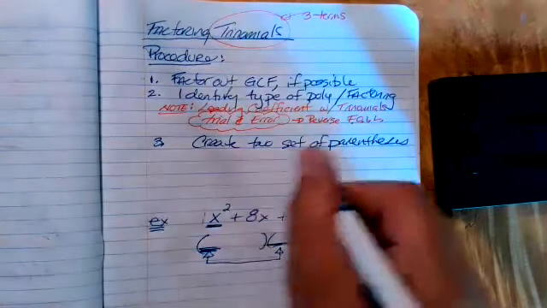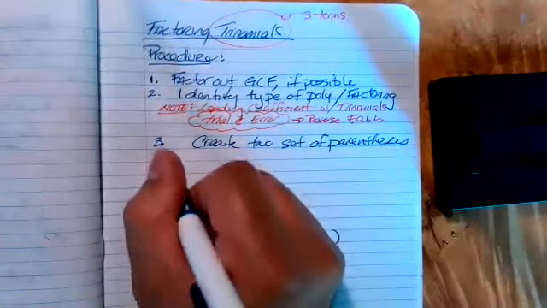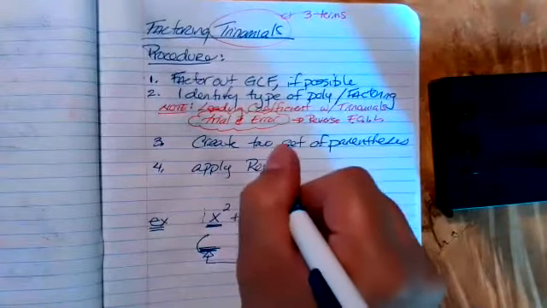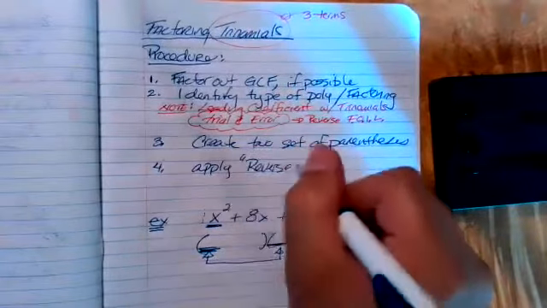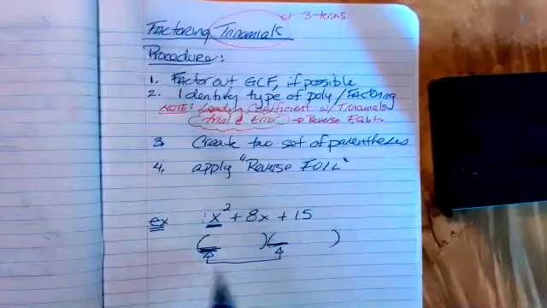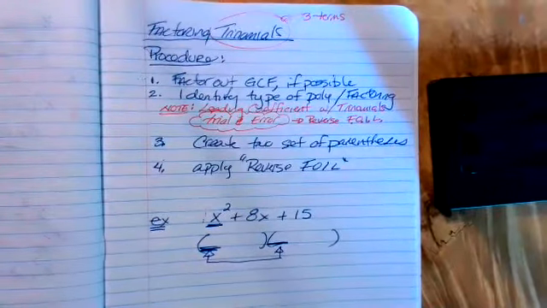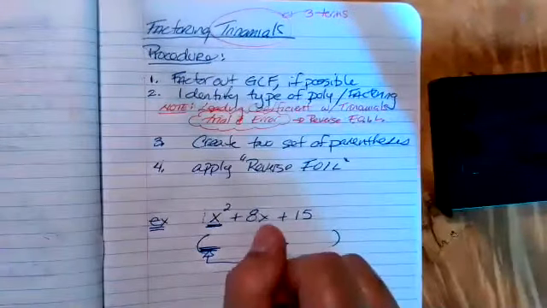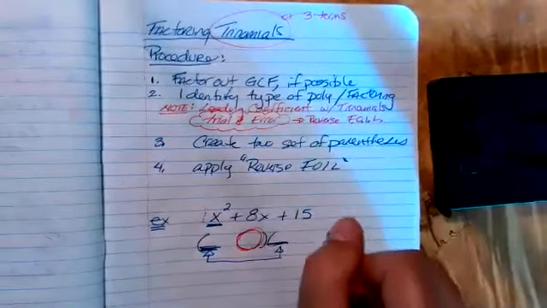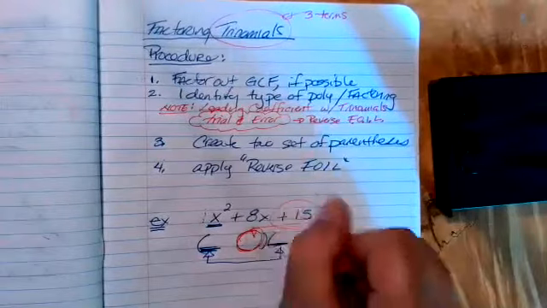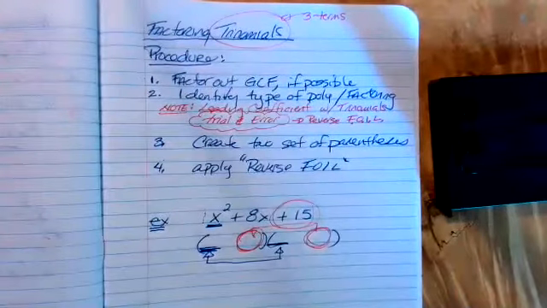So we create two sets of parentheses and apply a reverse FOIL. My first term has to give me x squared, and my last term has to give me a positive 15.